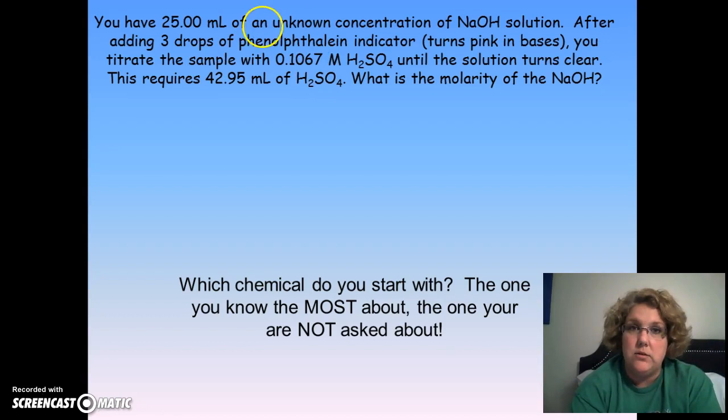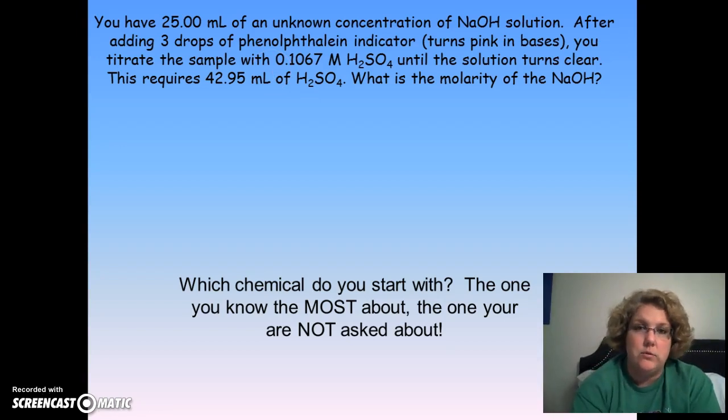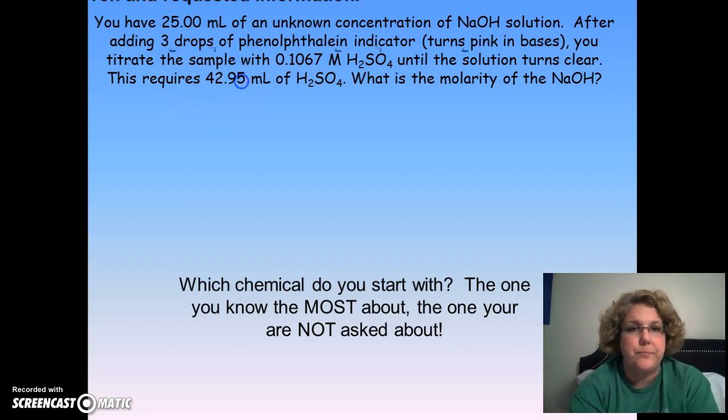And then between these two numbers, we know we have to start with the acid because we're trying to figure out the base. So between these two numbers, which one do you pick? The one that tells you how much acid you have, and that's the volume. Volume and grams tell you how much. Molarity and density do not tell you how much. Those we use as conversion factors.